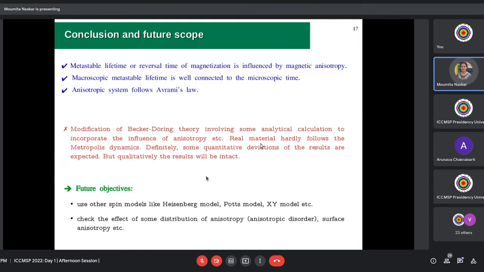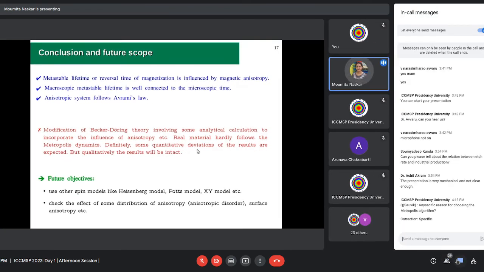Also, real material hardly follows the dynamics that I have used here in Monte Carlo simulation, so definitely there will be some quantitative deviations of results compared to the real experimental results. As a future scope, one can definitely check such effects in continuous spin models.